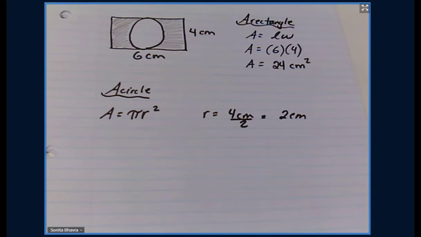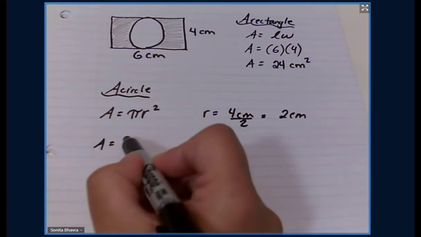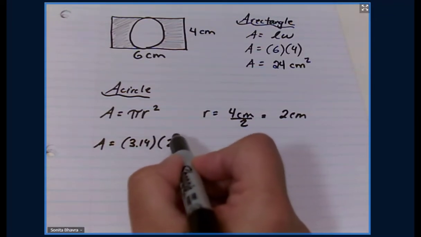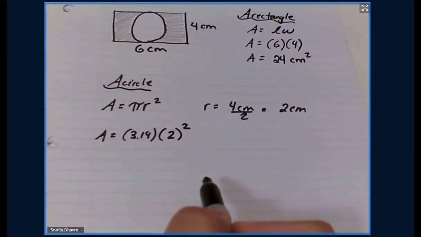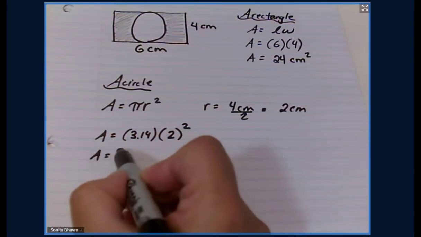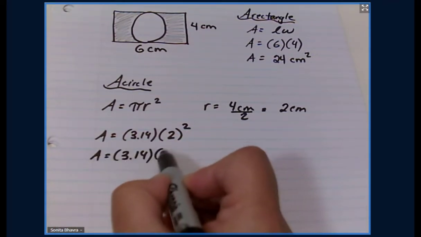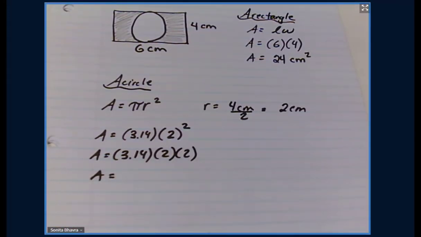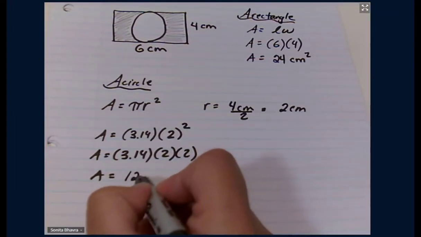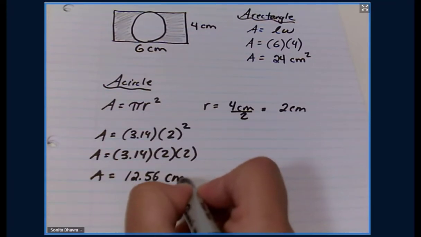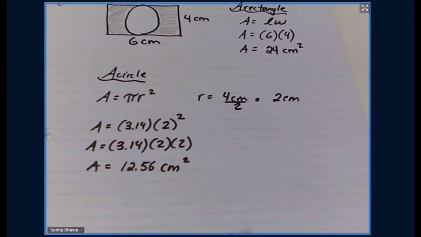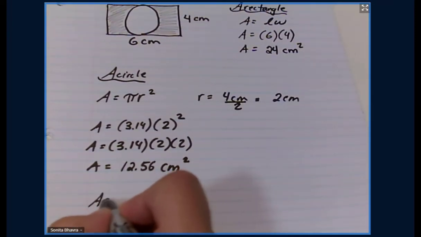All right, so our area then is equal to, I'm just going to put 3.14 for pi. Our radius is 2. It's 2 squared, which means 2 times 2. So area is equal to 3.14 times 2 times 2. And we get 12.56 centimeters squared. All right, so we've got our rectangle, we've got our circle, and now we have to do our area of the shaded region.